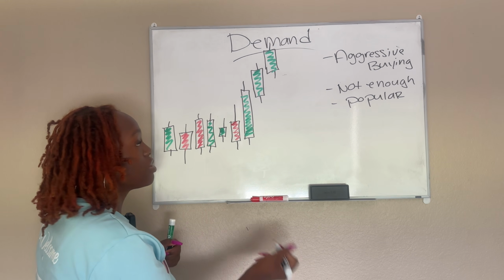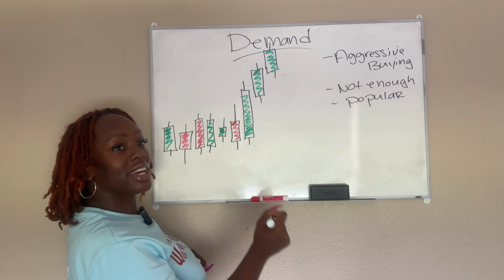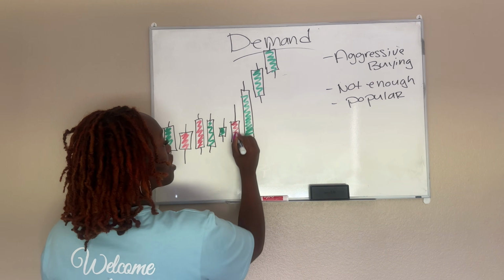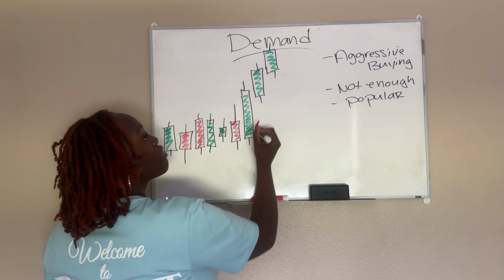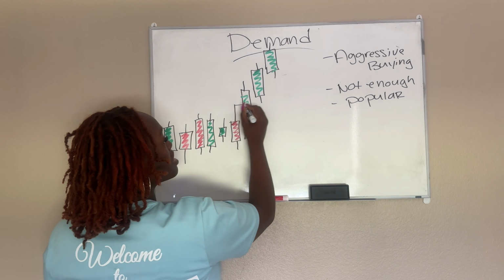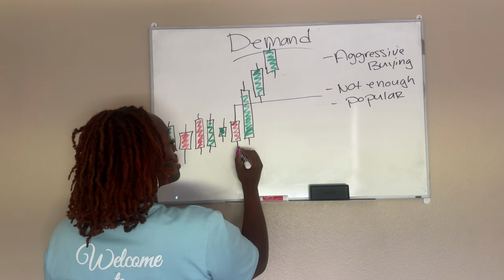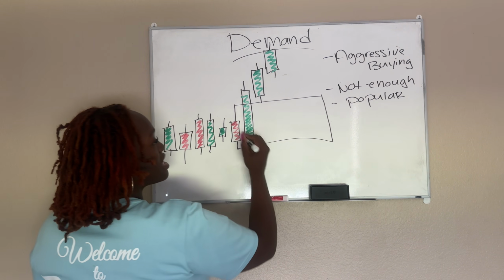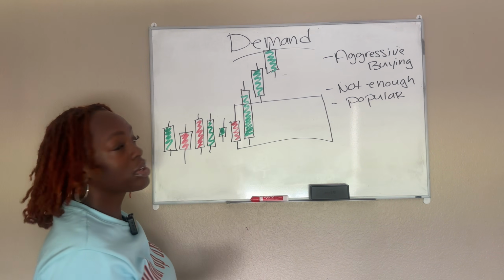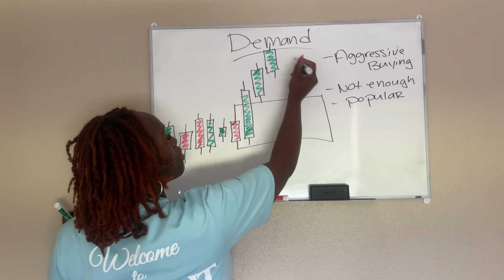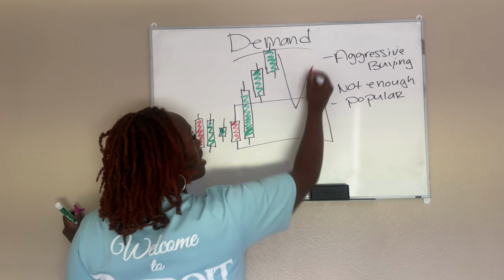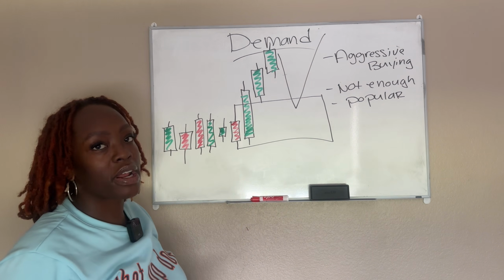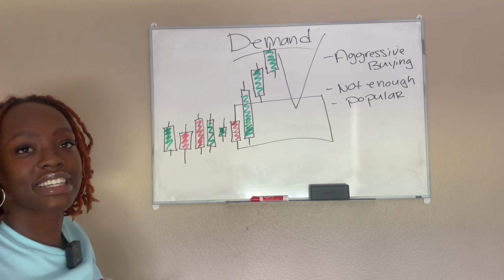Then when we draw a zone, we're going wick to wick. So this is our last bearish candle before it decided to take off, and this would be our zone. See, the wick is here and the wick is here. This is our demand zone. So what are we looking for? We will be waiting for price to come here and go right on back up. That's it.